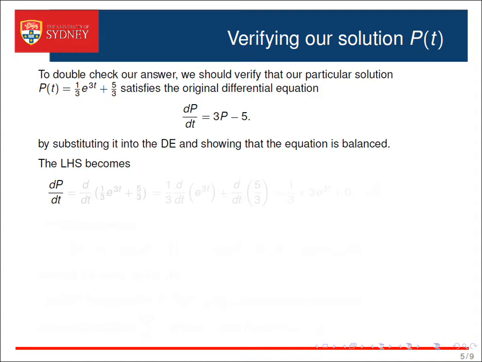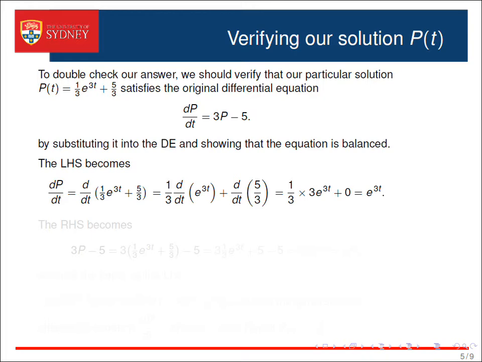Now substituting our answer p of t is equal to a third times e to the 3t plus 5 on 3 into the derivative gives d by dt of a third times e to the 3t plus 5 on 3, which is 1/3 times the derivative of e to the 3t plus the derivative of 5 on 3, which gives a third times 3 times e to the 3t from the chain rule plus 0, which simplifies to just e to the 3t after cancelling out the constants.